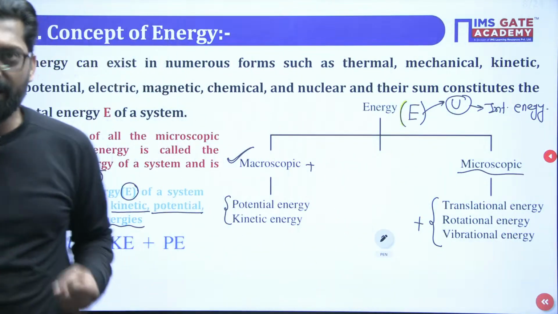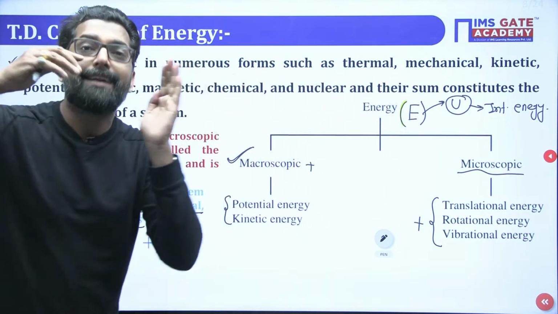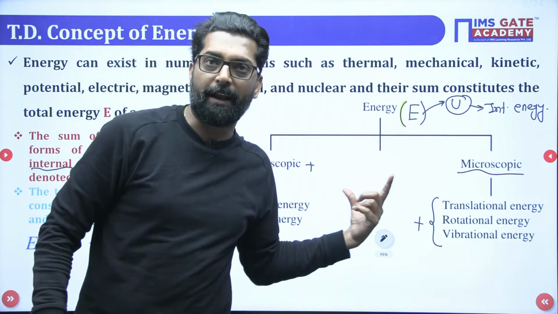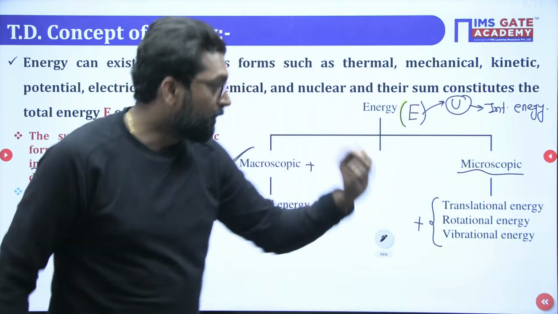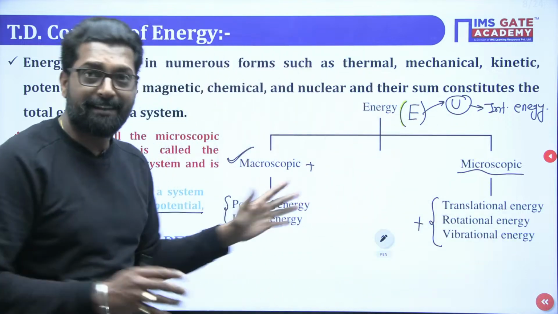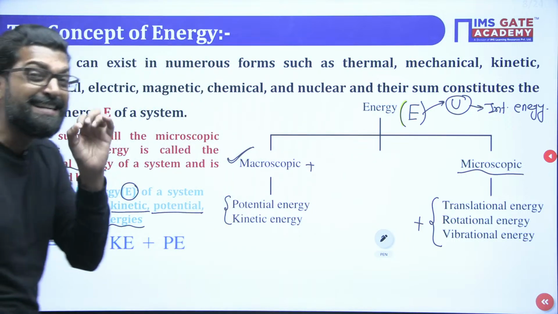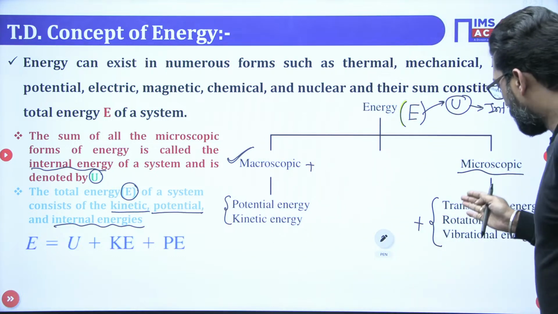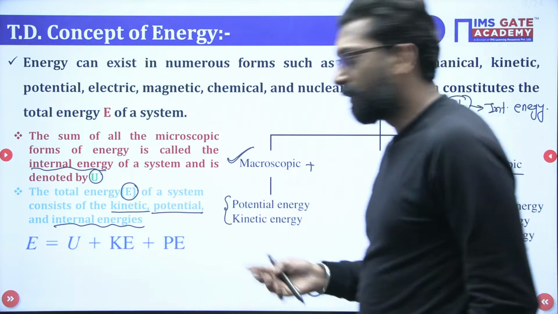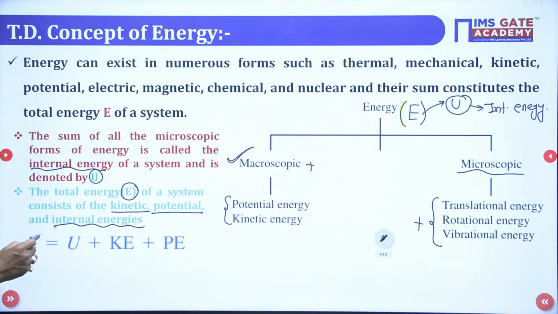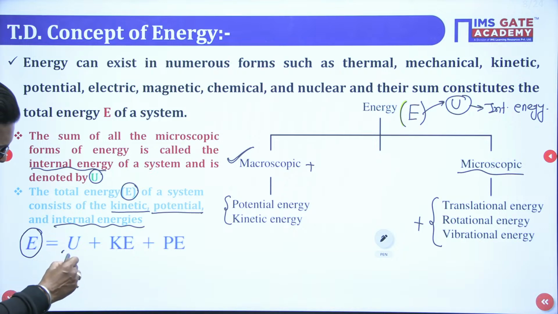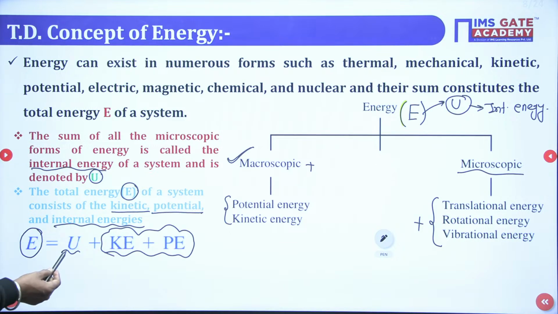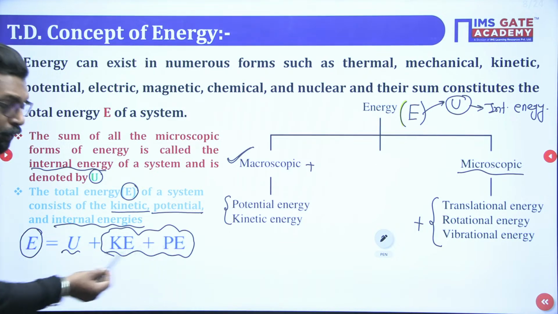The microscopic energy present in the system is in the form of internal energy, and internal energy has further classification: translational form, rotational form, vibrational form. So the total energy of the system, E, is the sum of microscopic plus the sum of macroscopic forms of energy.